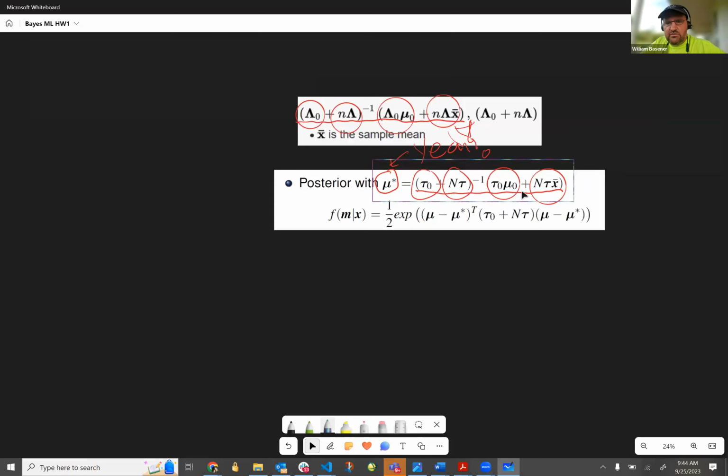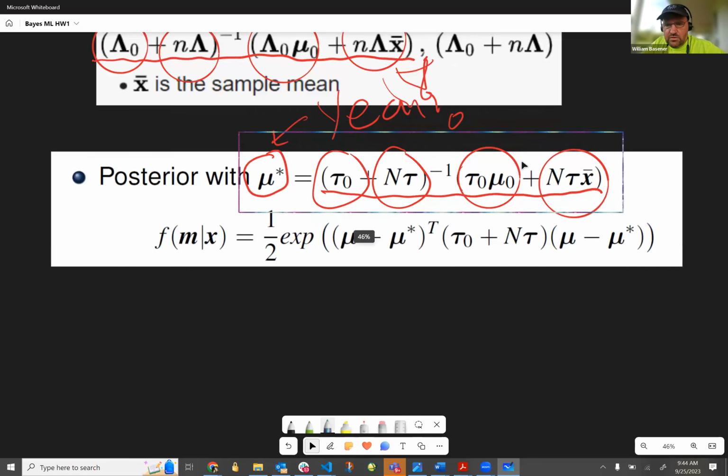I know I'm probably being a little too picky, but I want this to circle around this whole piece, really just so I can see the parentheses.